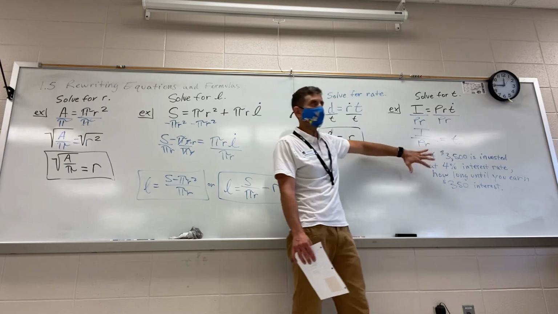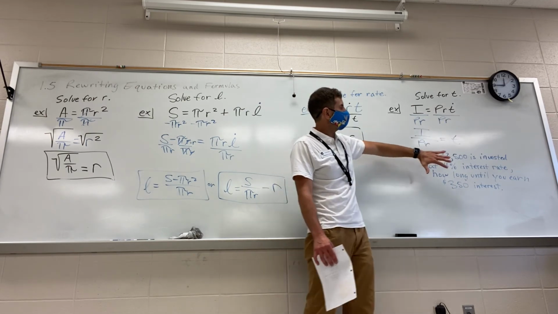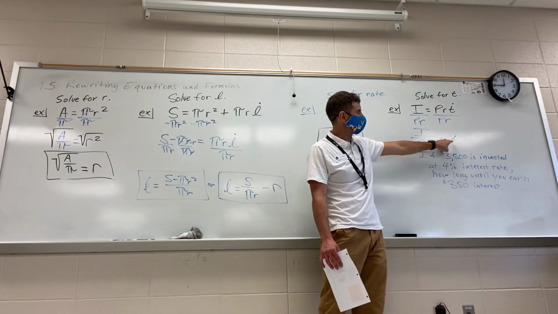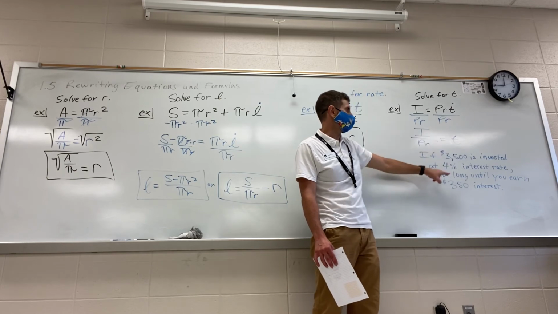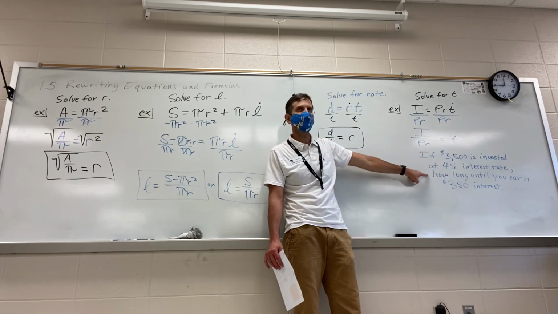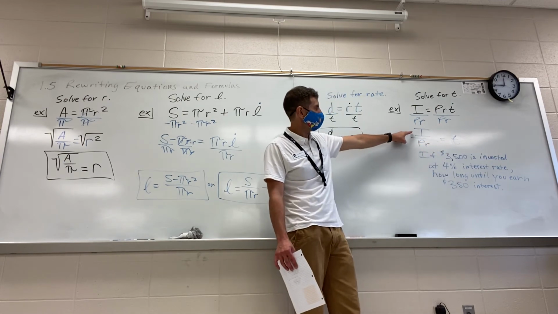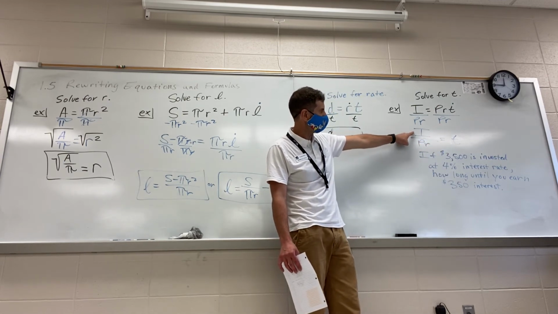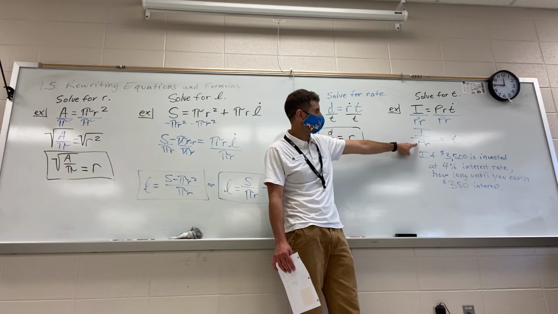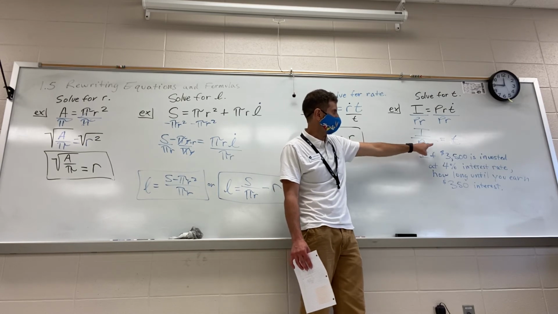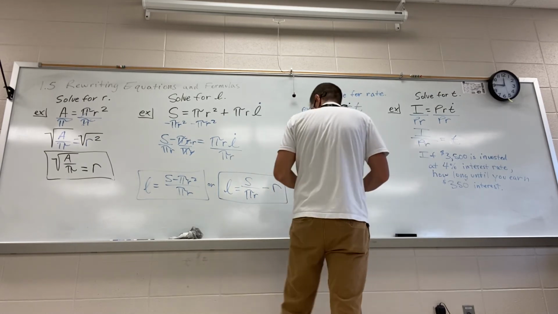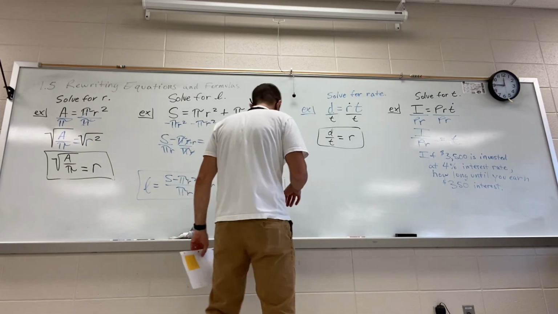But we rewrote it, didn't we? We rewrote it so that you are solving for time, which is what this is asking for, right? How long? Solving for time, but we still need to have the interest that you earned, the principal or starting amount, and a rate.